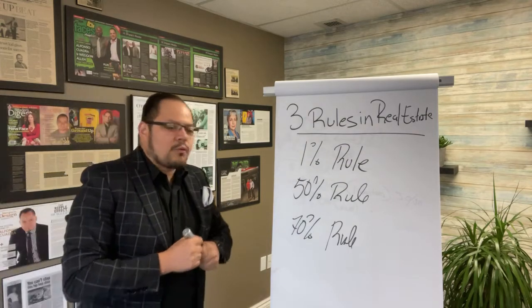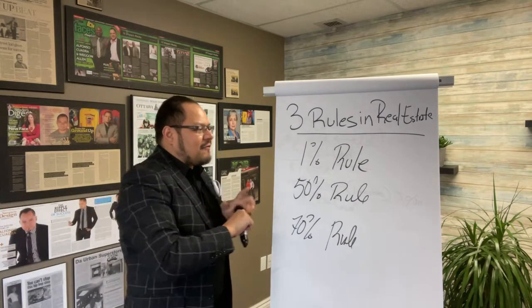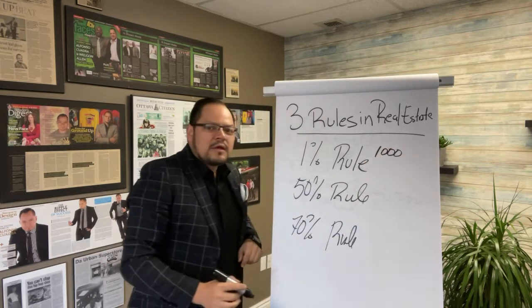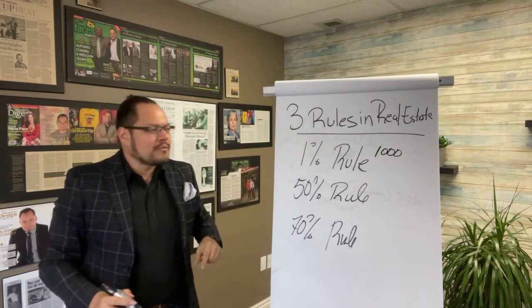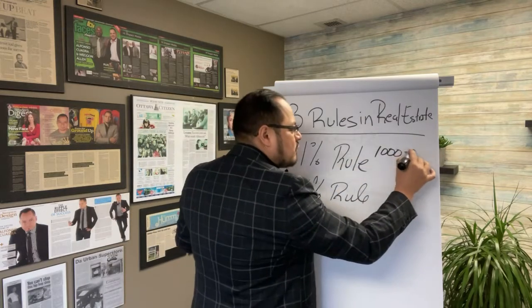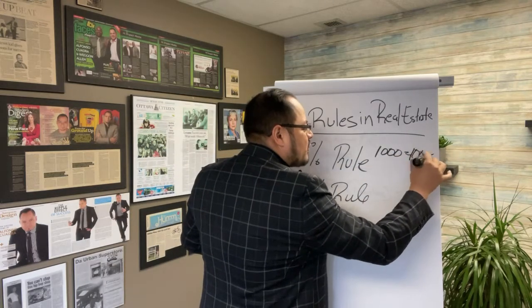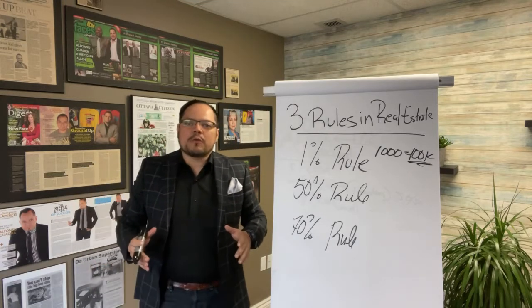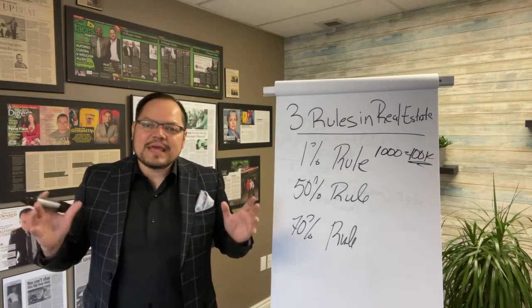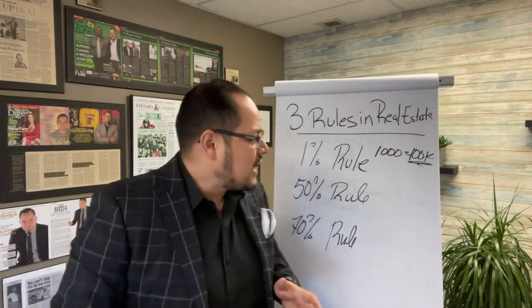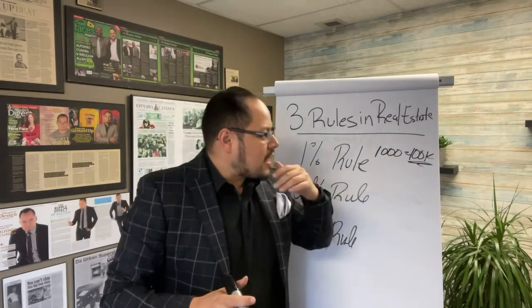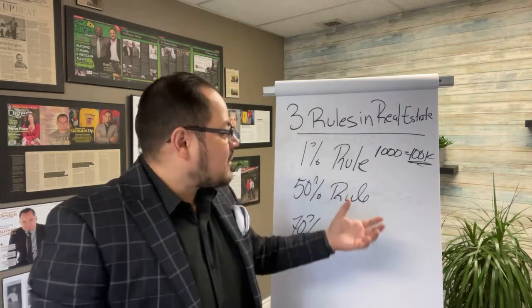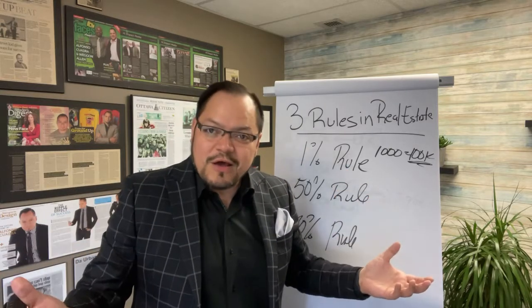The 1% rule says that for every $1,000 of real estate income should equate to $100,000 in real estate value. For example, if the property is worth $100,000, the income should be about $1,000. If the property is worth $200,000, then the income should be $2,000.